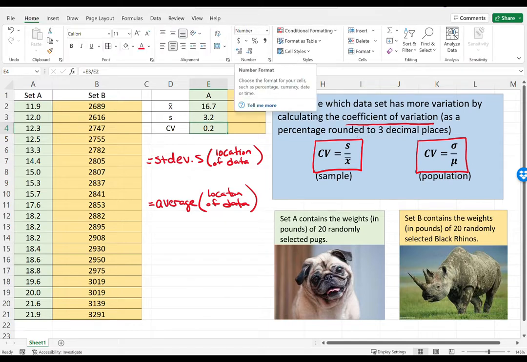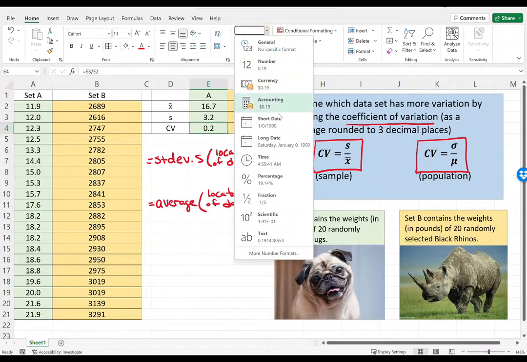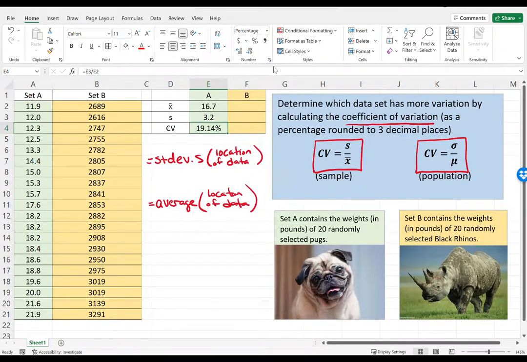And since we want a percentage, the directions aren't always going to say give it as a percentage, but in this case, we want a percentage rounded to 3 decimal places. So let's use the drop-down menu, convert it to a percentage, and we'll give it 1 more decimal place. So 19.145% is the coefficient of variation.